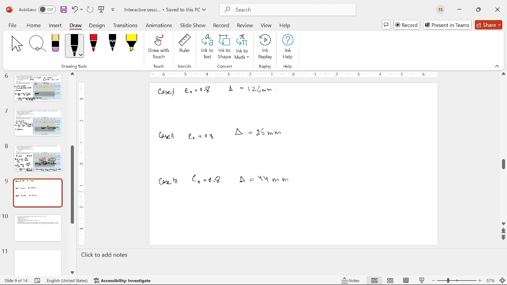Okay. So we know the e naught. This was 1.8 for all of them. 1.8 times delta is Cc H log.